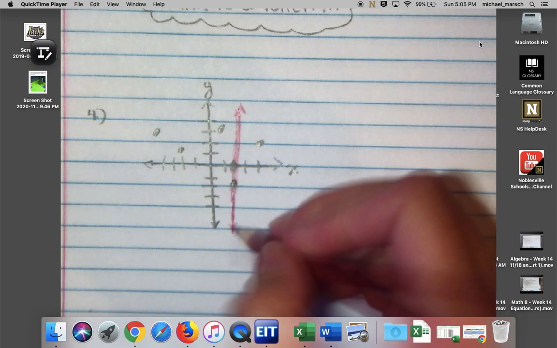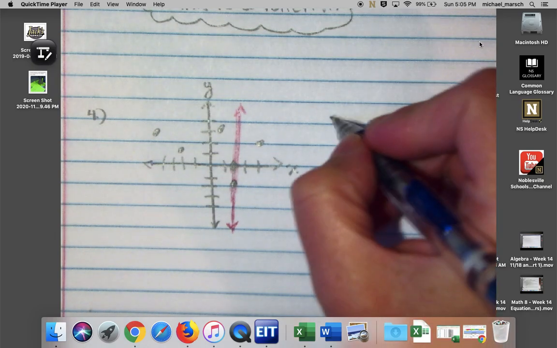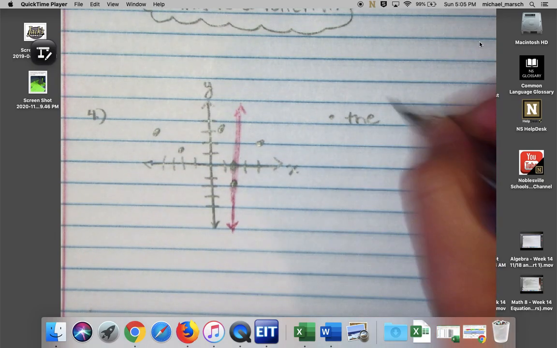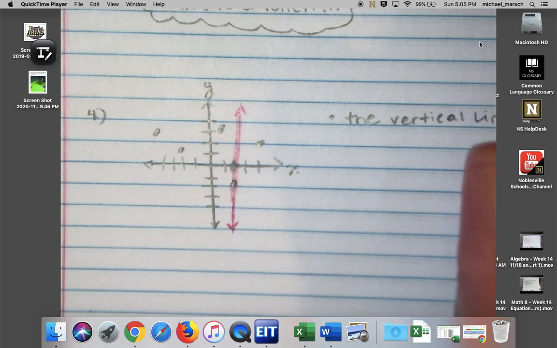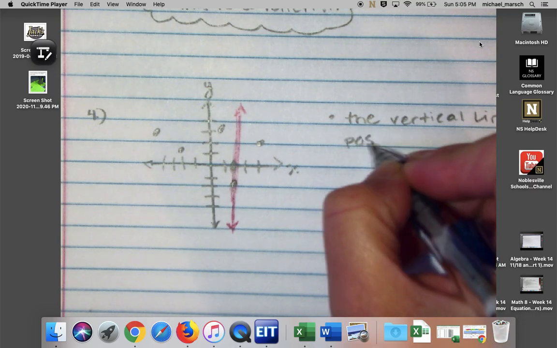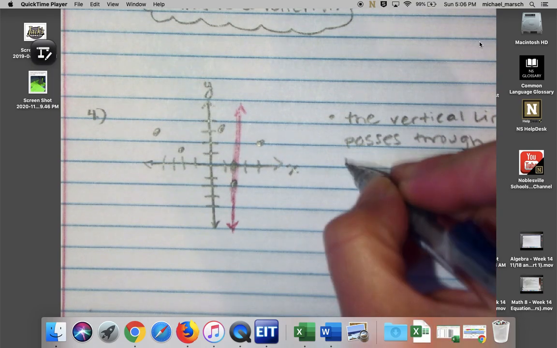Again, if we had real graph paper, it wouldn't look so wonky. Okay, so this tells me the vertical line passes through more than 1 point.